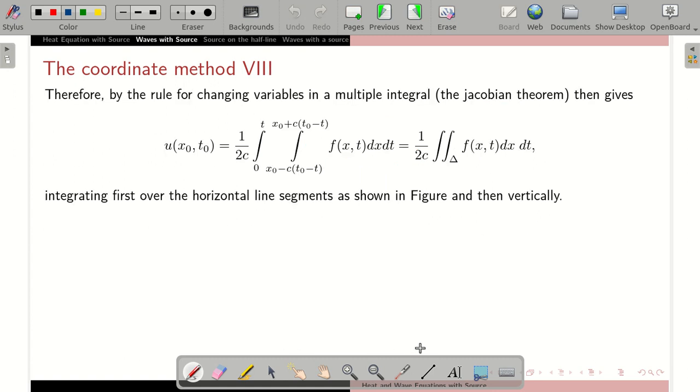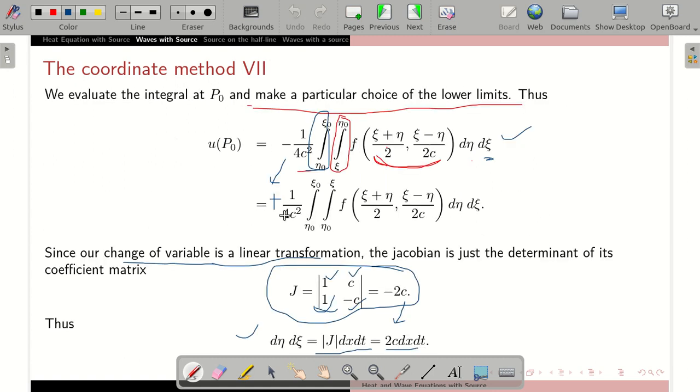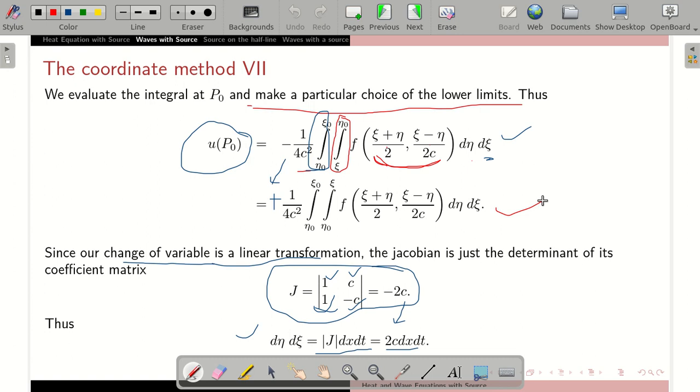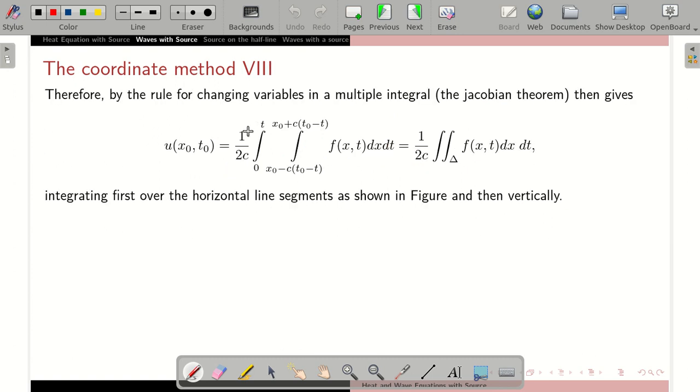So now I go back and write this integral in terms of the x variable. Put in the value of d eta d xi, which is 2c dx dt. There was 1 by 4c squared, so 2c will cancel out.